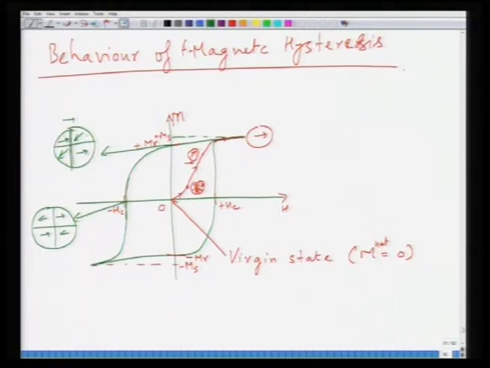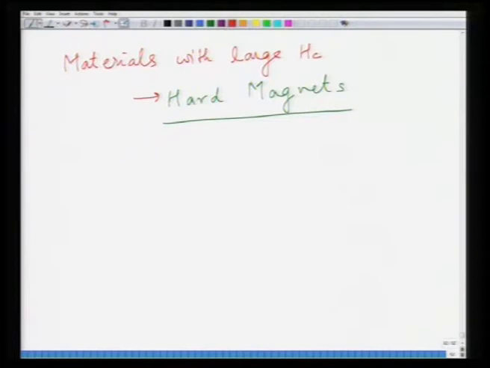this domain wall, which is the boundary between these two domains, and that basically requires a particular force. Some domain walls may require larger force, some domain walls may require smaller force. The domain walls which require larger force for their movement are typically in materials with higher coercive field, and domain walls which move easily at small fields belong to what we will introduce as a soft magnet.